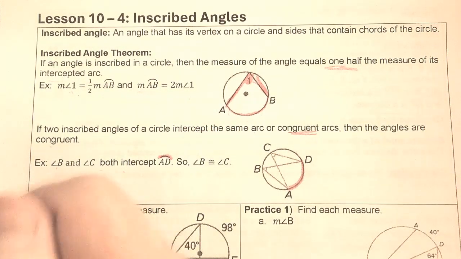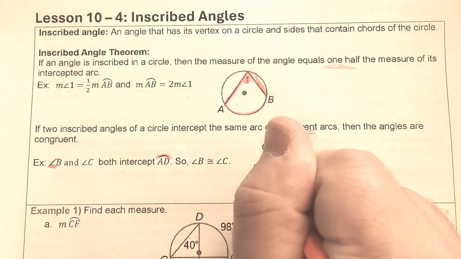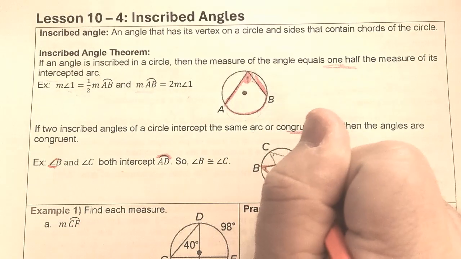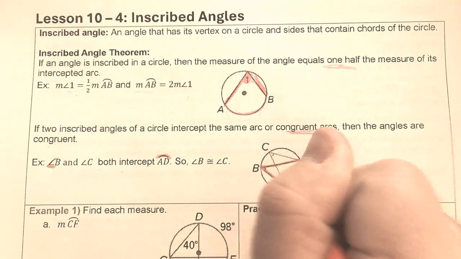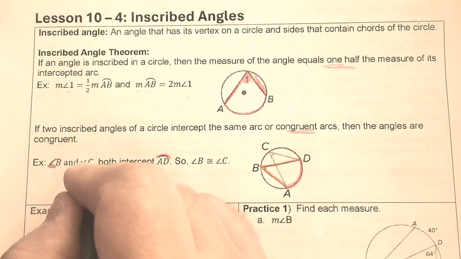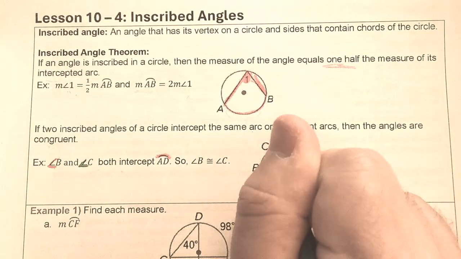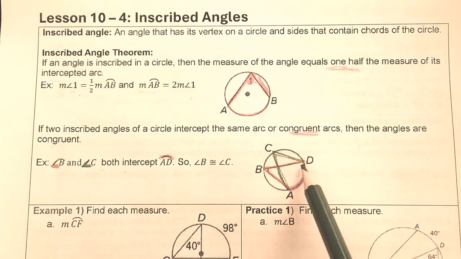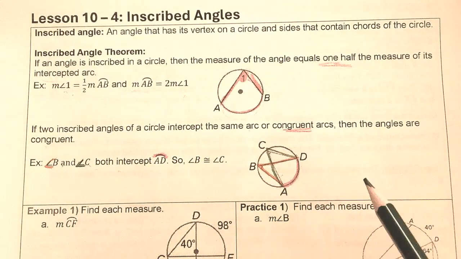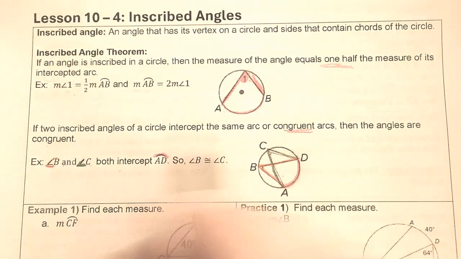This makes angle B, and this makes angle C. Notice how orange and green both make the pink arc, so that means that angles B and C are congruent.